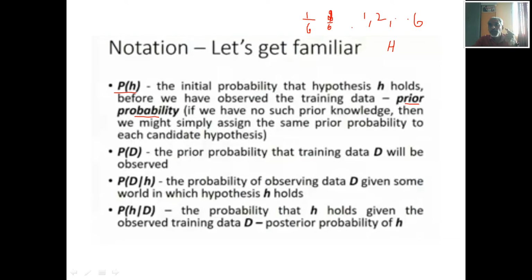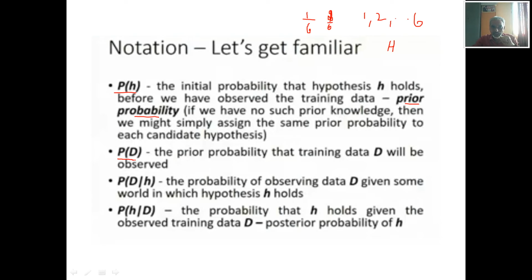Again it is 1 by 6 only. So we assign equal probabilities as we don't know priorly. If prior knowledge is not there, then we simply assign the same prior probability to every candidate hypothesis. So P of h is the prior probability of the given hypothesis.